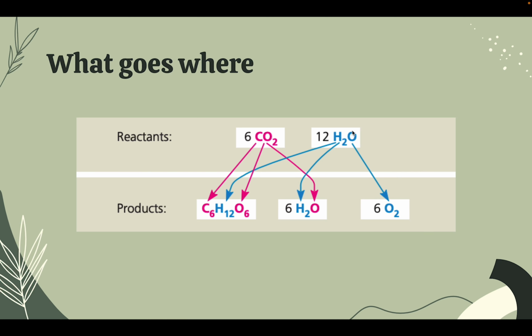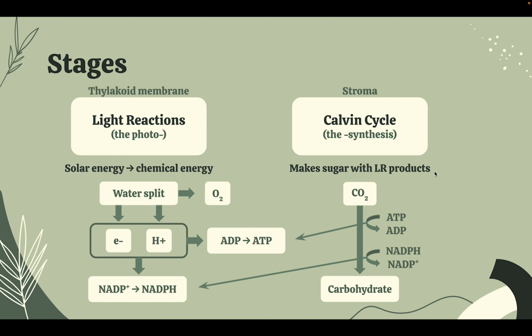So here are the stages of photosynthesis. In the light reactions, which is the photo part of photosynthesis, which happens in the thylakoid membrane, the big idea is we turn solar energy into chemical energy, in the form of sugar.